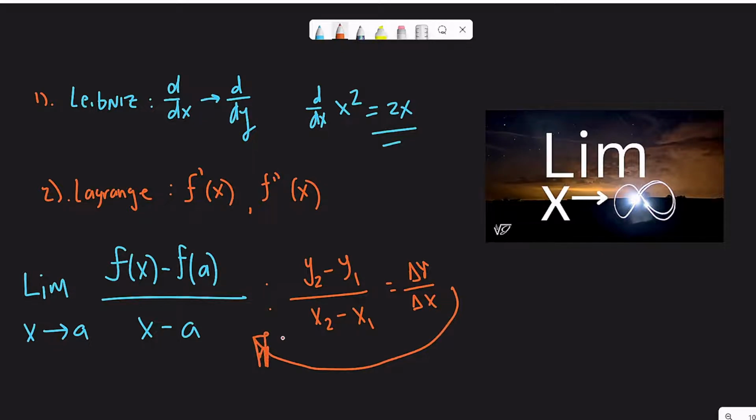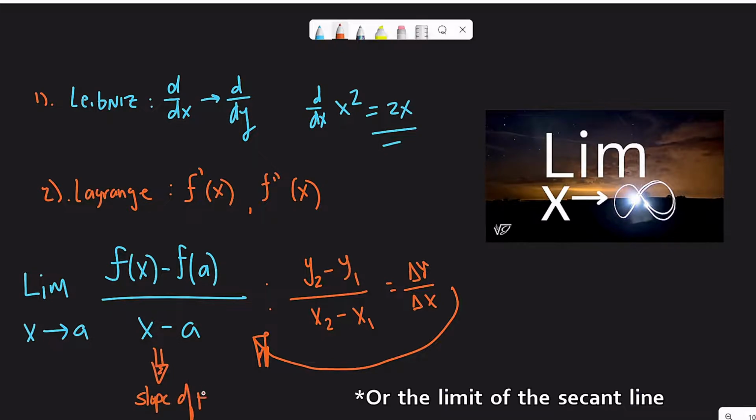It just looks different. But really f of x and f of a are the output values. This is y2 and y1, but written as the function output with an input of x and the function output with an input of a over the change in x, our input values. So really, all this is a way of talking about a slope of the tangent line.